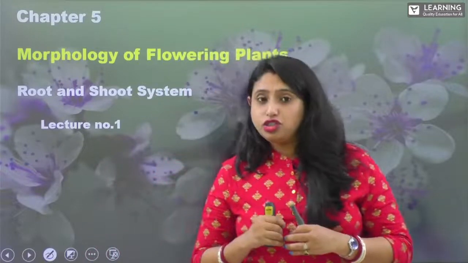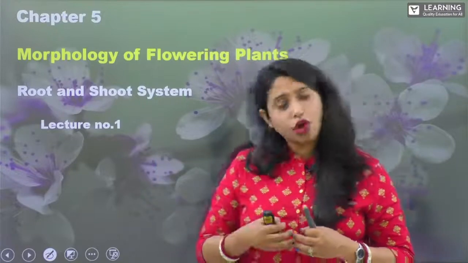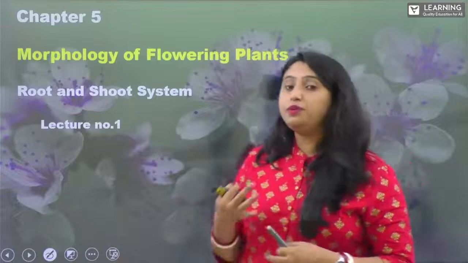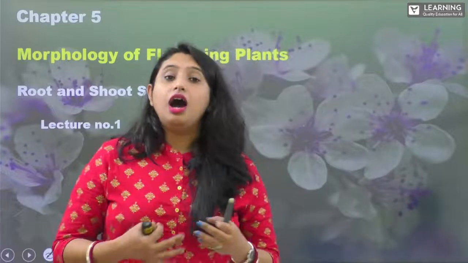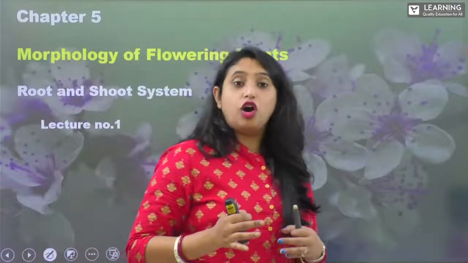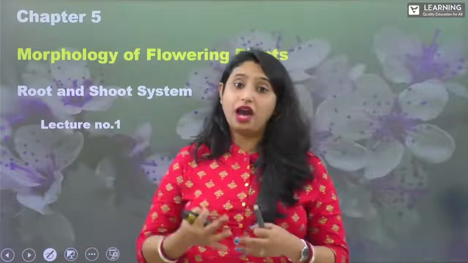Under this unit 2, you have got 3 chapters. So chapter 5 is all about the morphology of flowering plants. In this chapter, you will be studying about morphology. Morphology means the physical appearance of an organism. So you will be learning about flowering plants, okay?